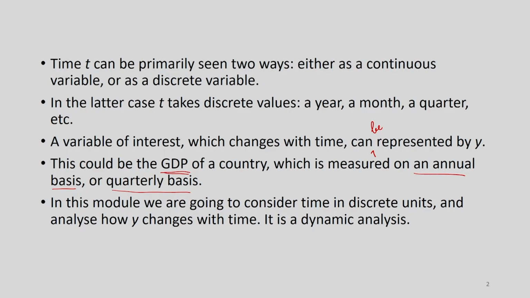So, one does not talk about, for example, GDP of a second, right? That is absurd. So, that basically means that here the GDP that we are talking about is measured with respect to time, but that time is discrete time.